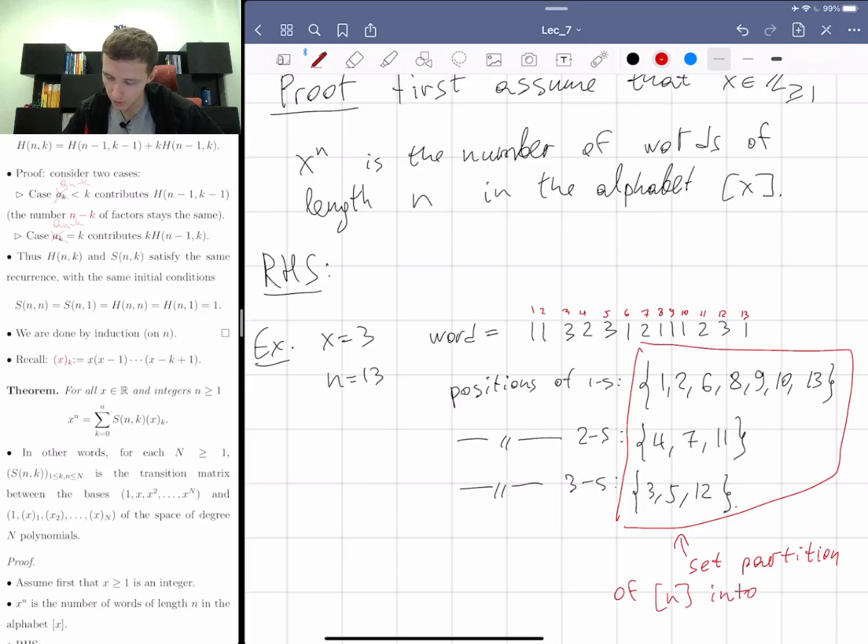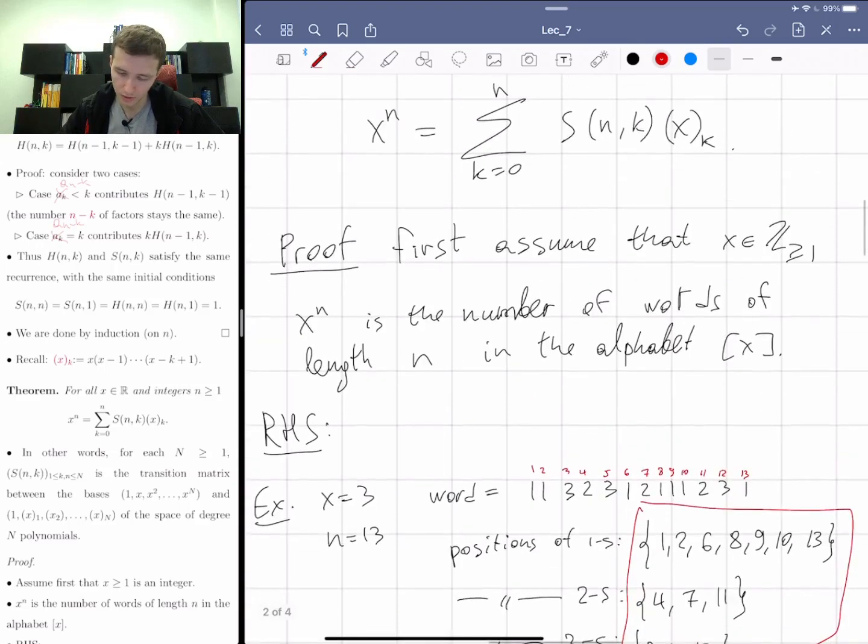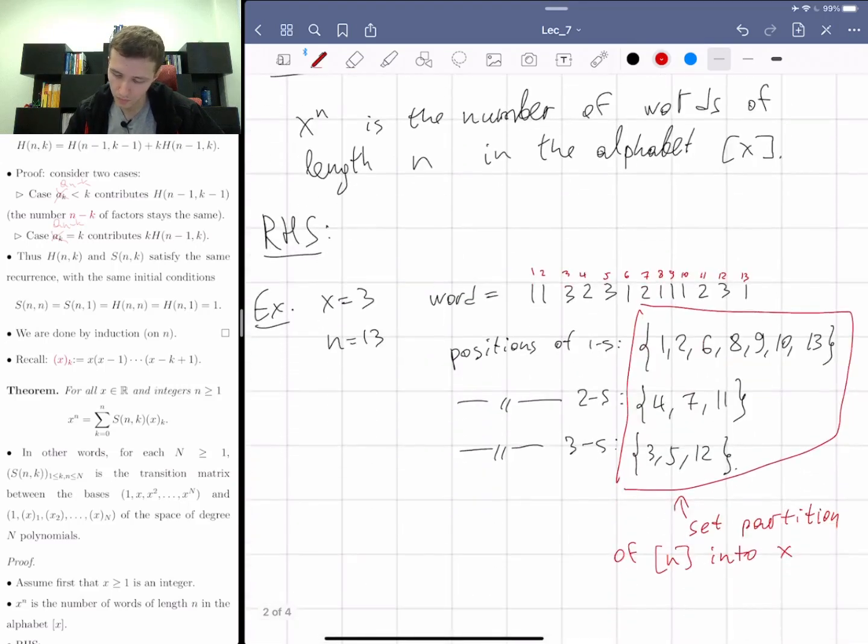Into x blocks, if all blocks are non-empty. But in general, some of the blocks are going to be empty. So in this case, into x blocks if all letters were used.